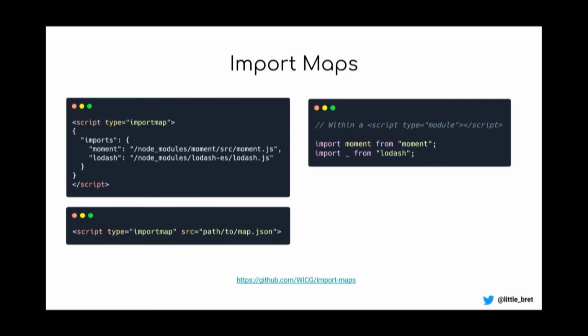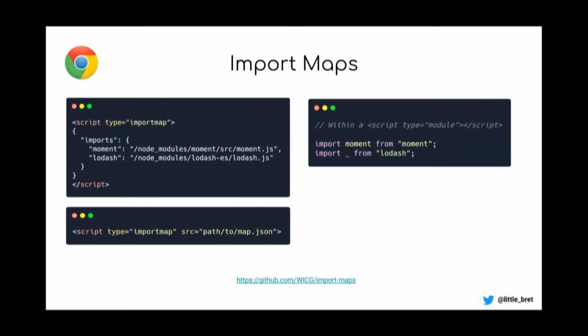One of the problems with ES modules right now is there's no way for you just to say import moment from moment, or import underscore from Lodash, or import React from React. There's really no way to do that. But with import maps, this is a new specification that is currently available in newest versions of Chrome, behind a flag.